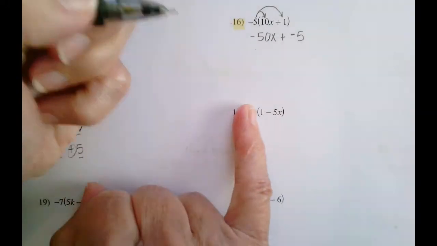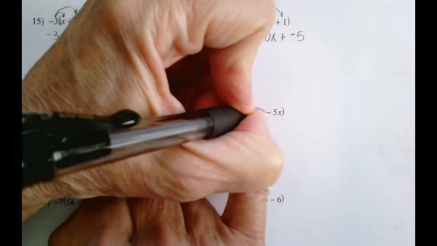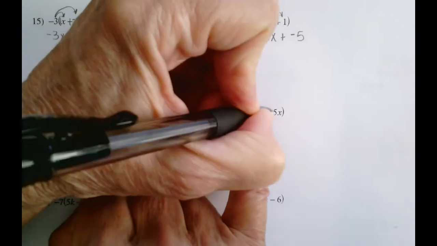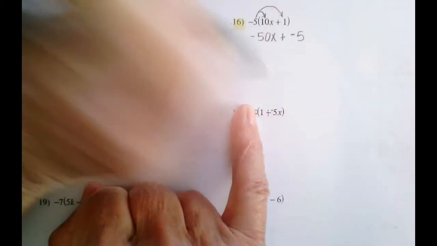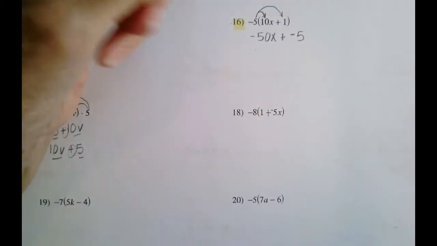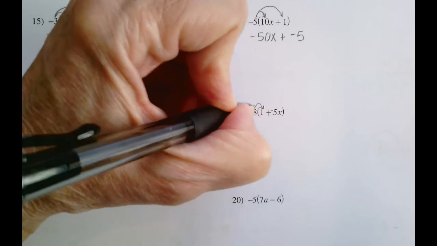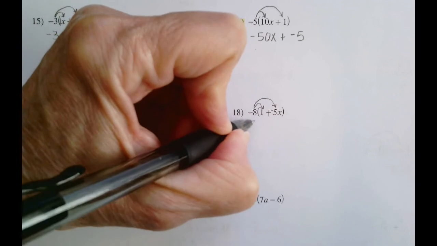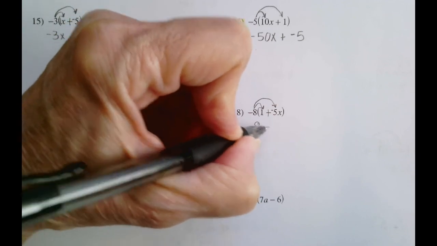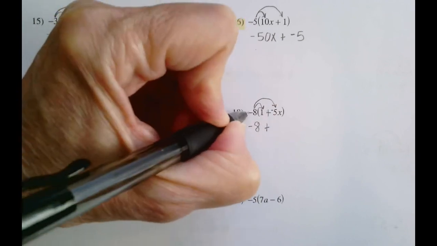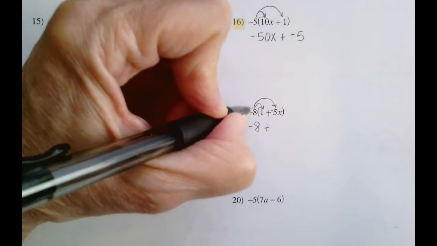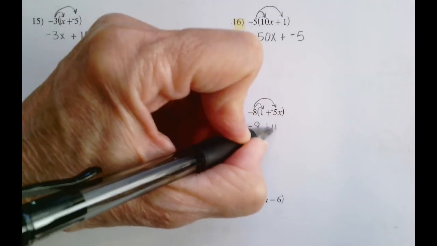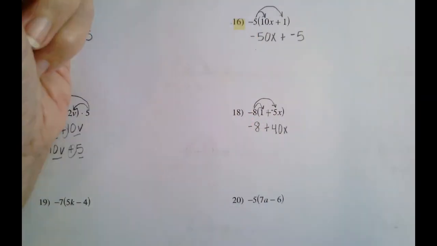Only looking at what's inside the parentheses. Change the subtraction to a positive, change the next number to its opposite. Distribute, distribute. Negative 8 times 1 is negative 8, plus negative times a negative is a positive, so I have 40x.